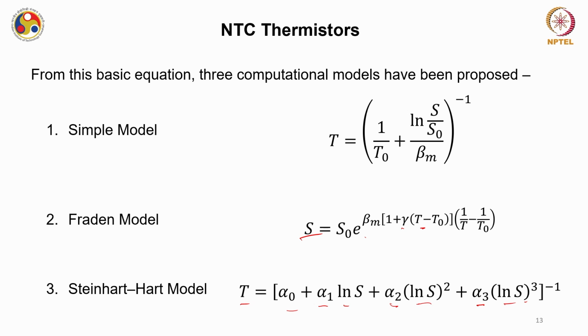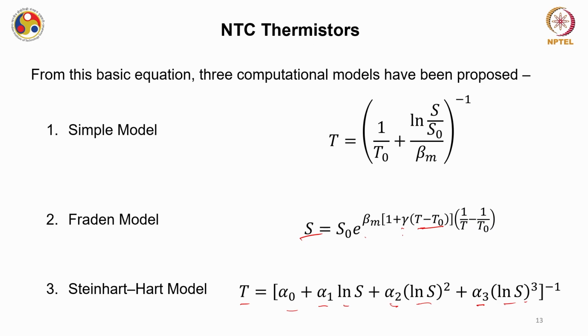Similarly, the Fraden model is also simpler as compared to the polynomial that we have seen. It doesn't have any T to the power 3 values. So S is equal to S naught into e power beta into (1 plus gamma (T minus T naught)), and then multiplied with 1 by T minus 1 by T naught.